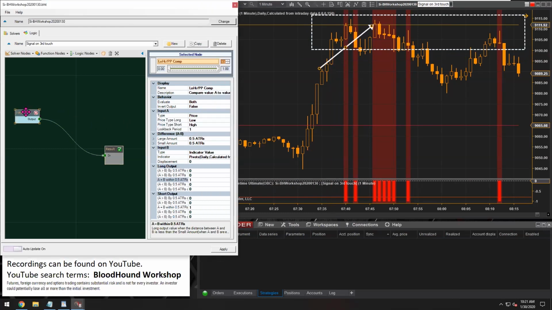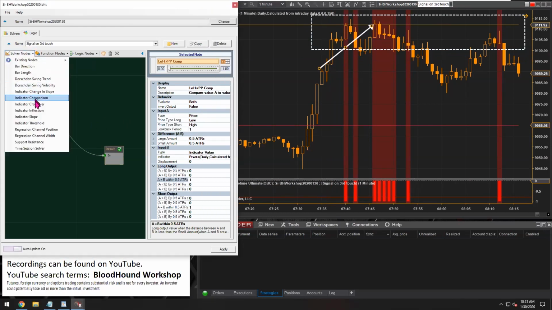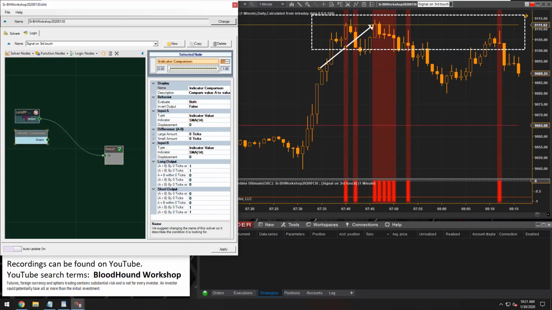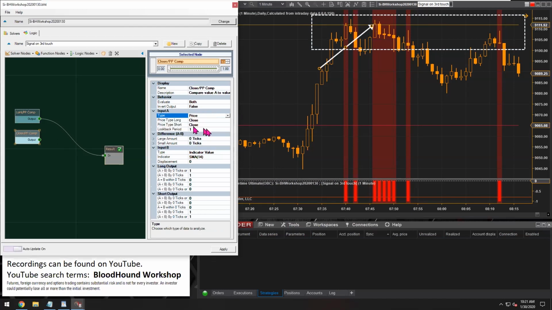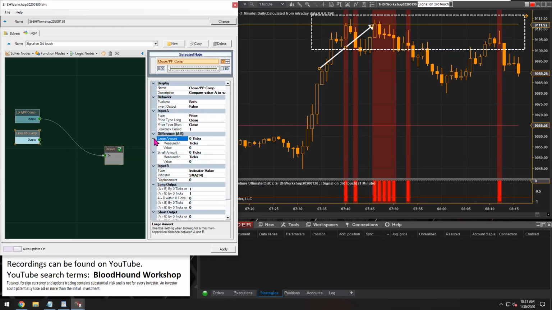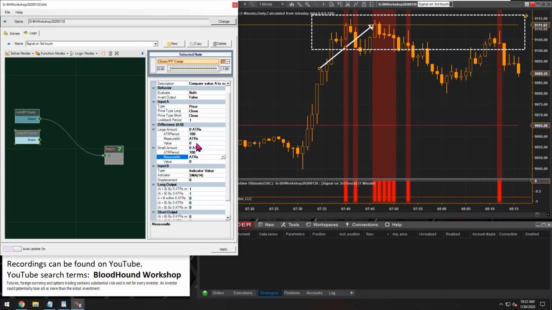So what we can do here is grab another comparison solver, and this time we'll create one using the closing price. So again, we'll take input A, set it to price, and we're going to use the closing price. And again, we need to switch our difference over to the ATR. Plug in 0.5.